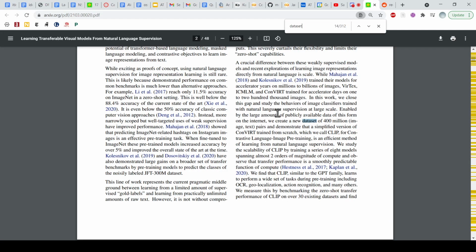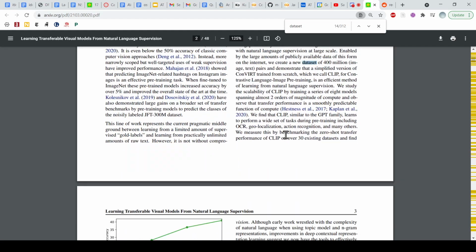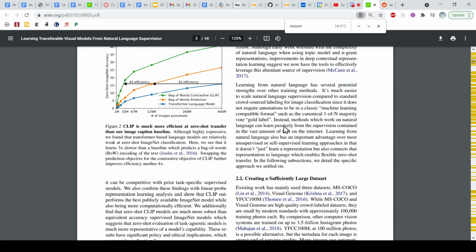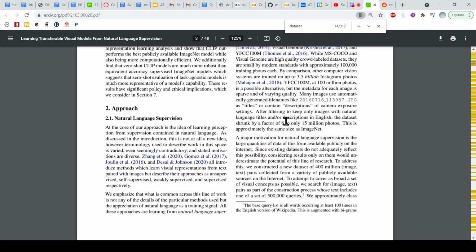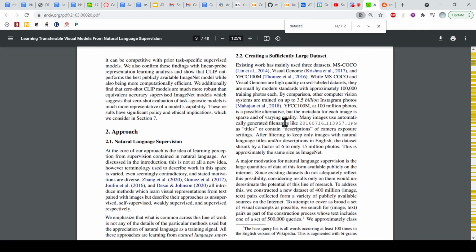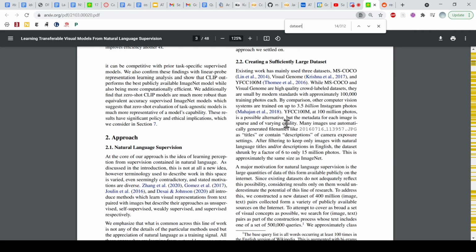They create a data set of 400 million image text pairs, which, when you think about it, is a lot. While the architecture is really cool and interesting, CLIP definitely wouldn't be possible without the data.